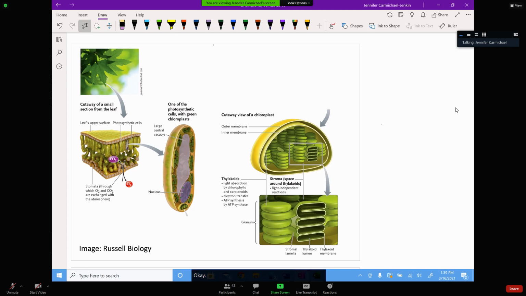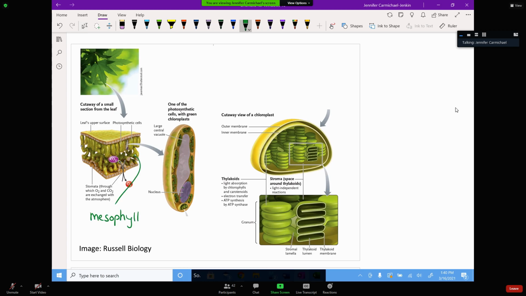Okay, we're going to come back to this picture in a moment, but what I want you to see here is the structure of the leaf. It'd be my drawing, so we'll focus on this nicer drawing here for a moment. So leaves have three layers. They have an outer epidermis on the top, an outer epidermis layer on the bottom, and then they have all these cells in the middle. This is referred to as the mesophyll.